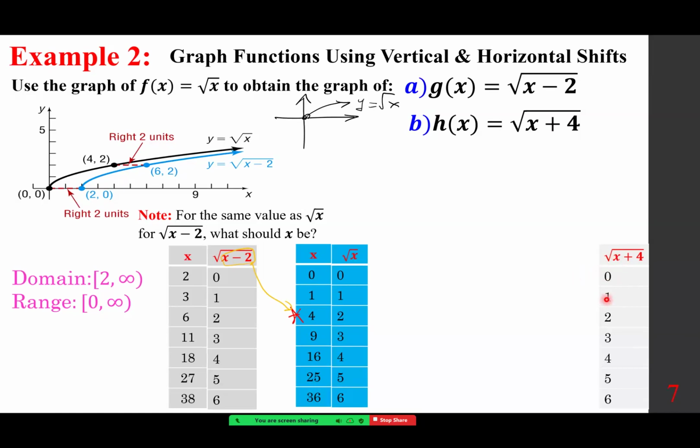In order to get to 1, the same thing. We are looking at this column. What did we do here?